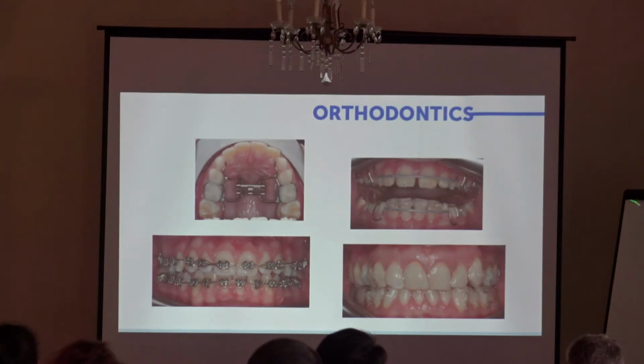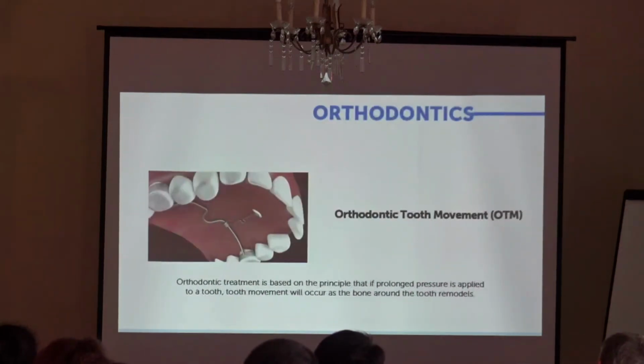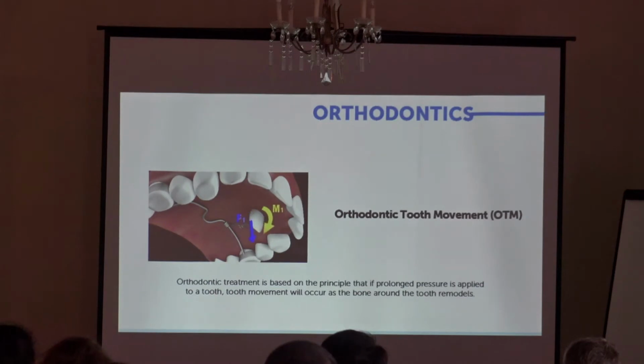So there is a lot of research ongoing on them. In any case, the concept is that we know that a prolonged pressure applied to the tooth will result in its movement. And so this allows us to move the teeth in the desired position.